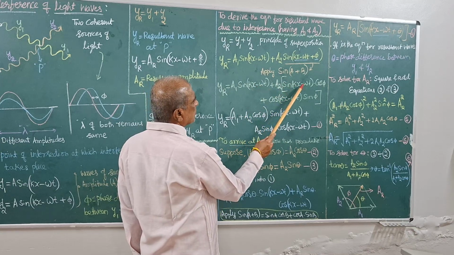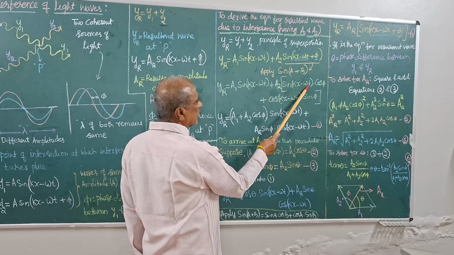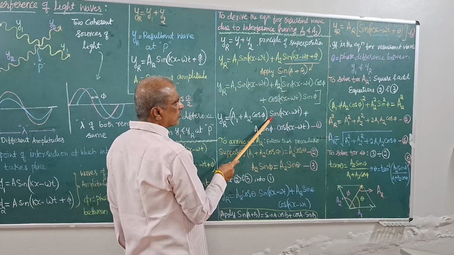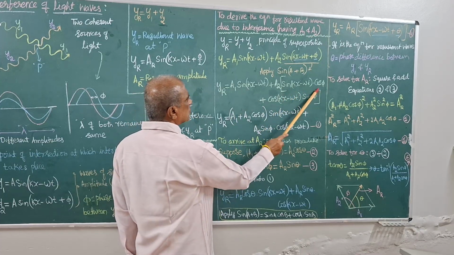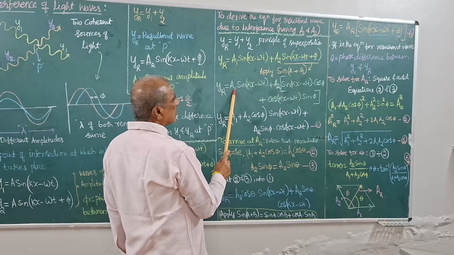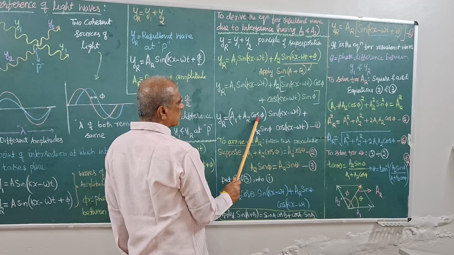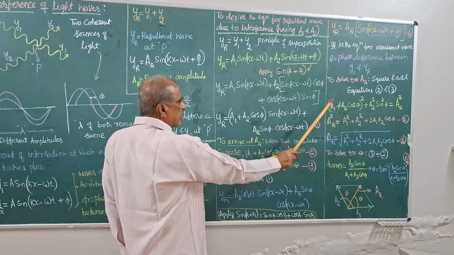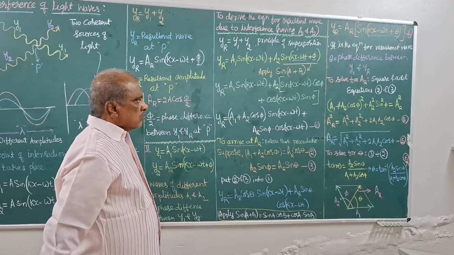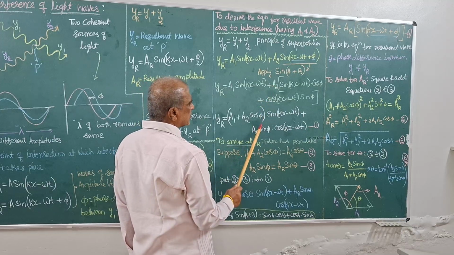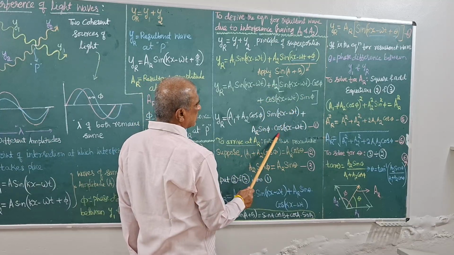We can take it out as a common factor. Remaining among these two terms, A1 for the first term, second term A2 cos phi. And the last term will remain the same, A2 into this sine and cos like this.